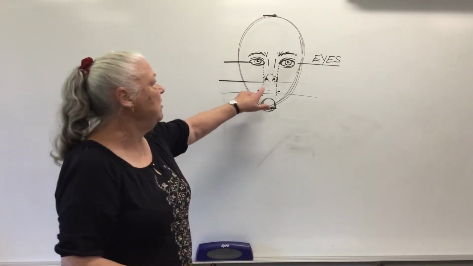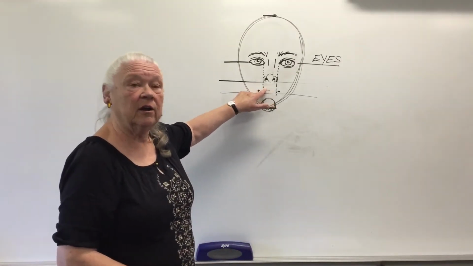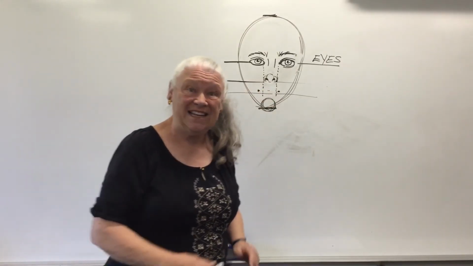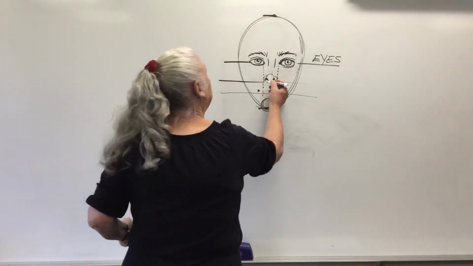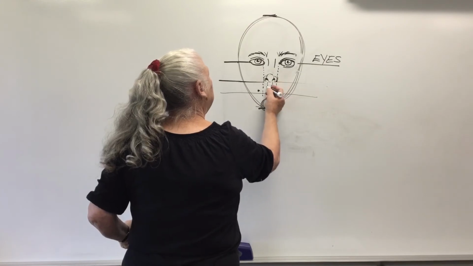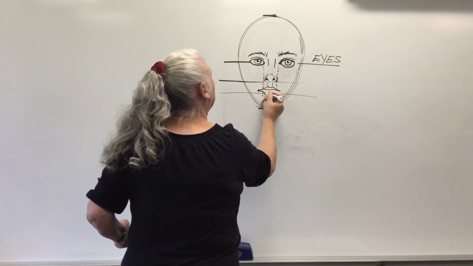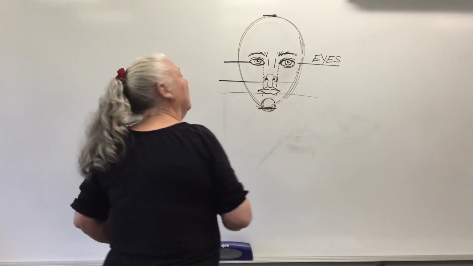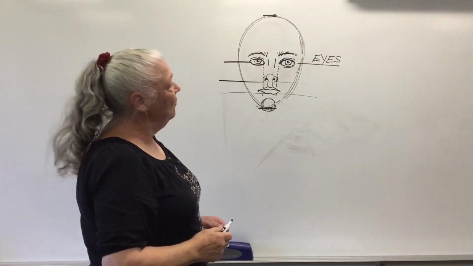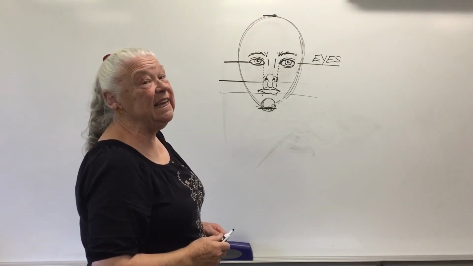So that we know this area right here is not flat. That it really has a little dent in it. Okay?